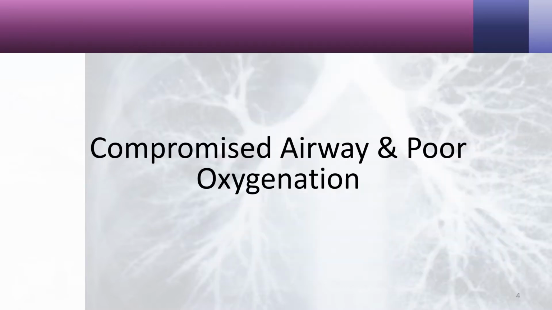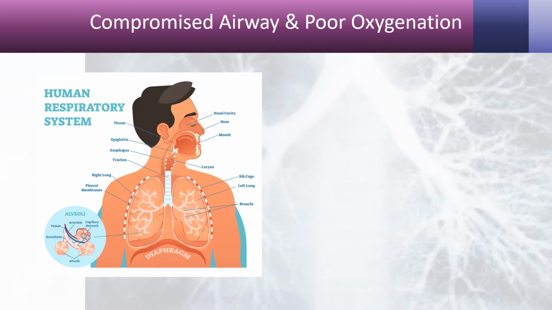Now, let's talk about compromised airway and poor oxygenation. When your patient has a compromised airway and poor oxygenation, of course, our goal is to address that and make sure that our patient will survive and have enough oxygen. As you can see here, this is what the normal human respiratory system looks like.